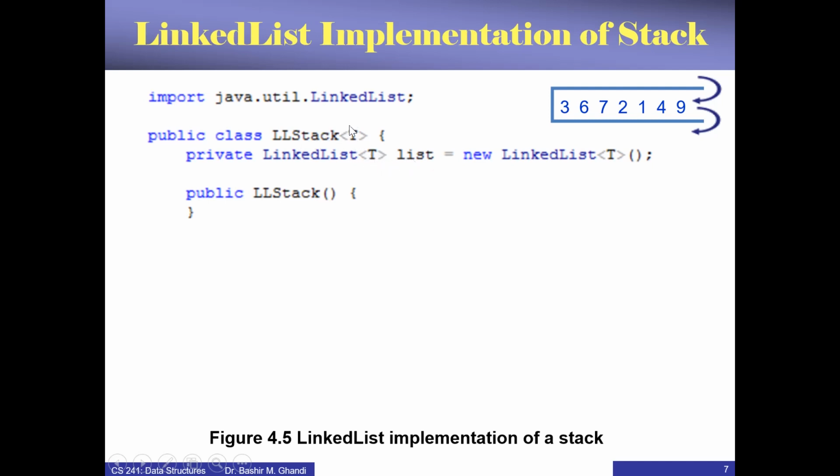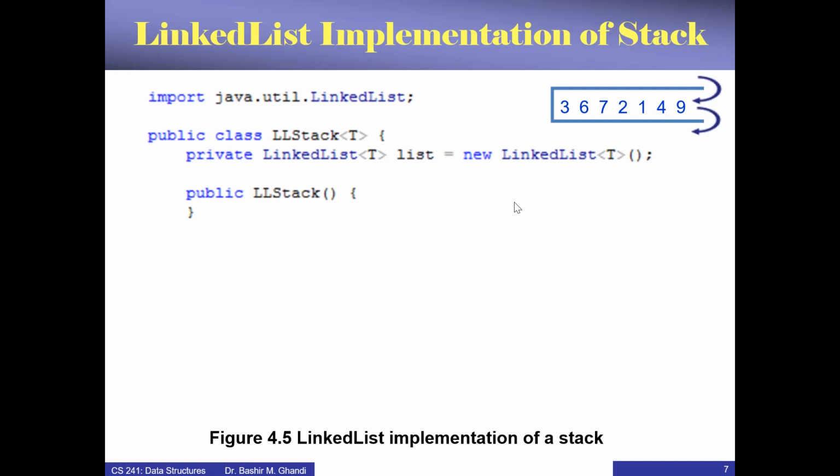So this is a generic stack actually. It will create a generic object of linked list based on the type. Here there is no need for a constructor that accepts a size, because as we know, size is not an issue with a linked list. So we only have the default constructor.